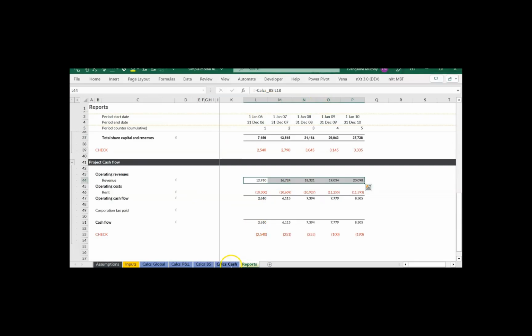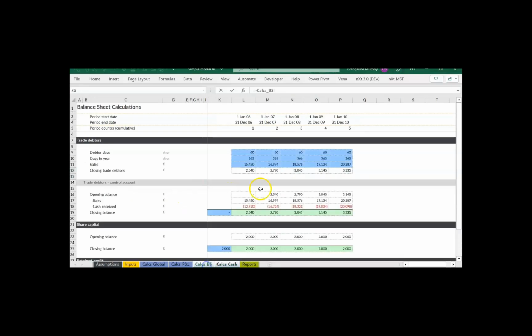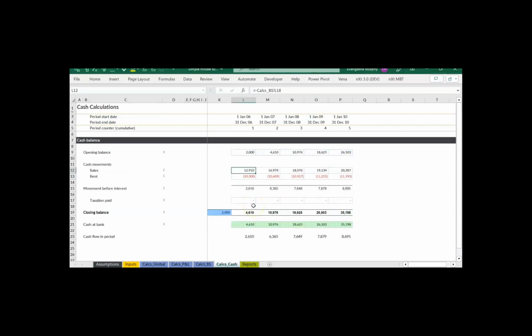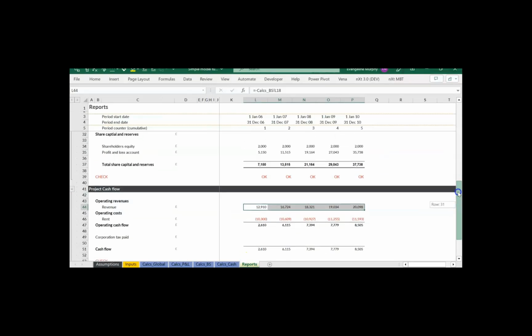Let's also update the cash calculation. Our balance sheet now balances again.